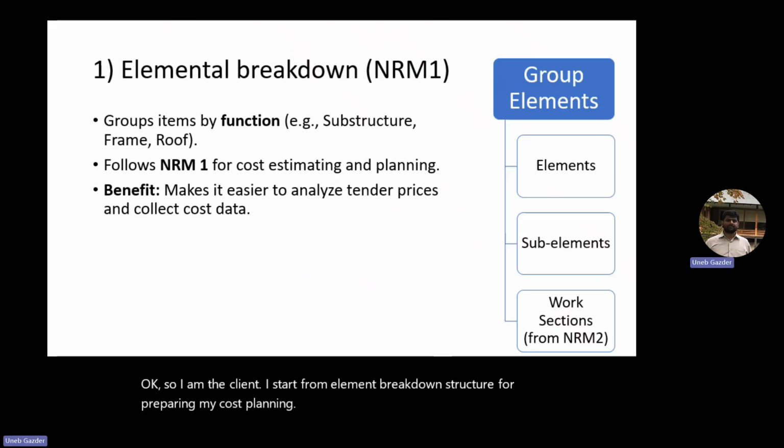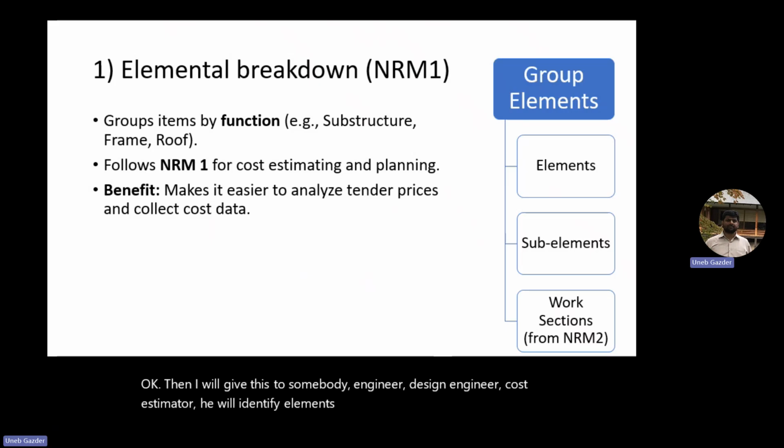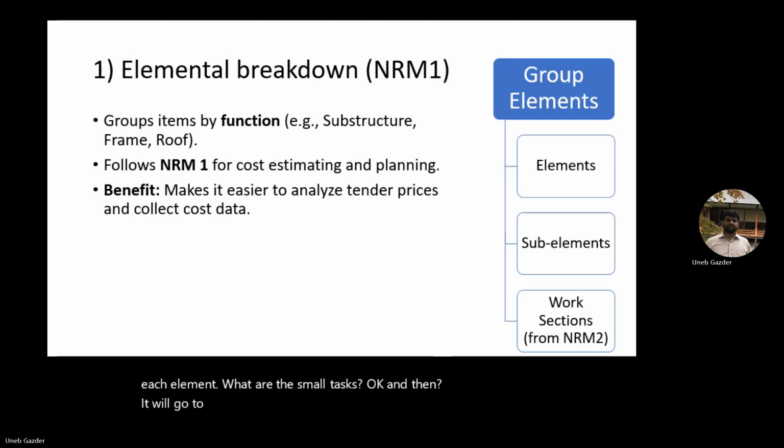Then I give this to somebody, a design engineer or cost estimator. He will identify elements and then sub elements, the small tasks in each element. Then it will go to the contractor, who will further subdivide it into each work section.